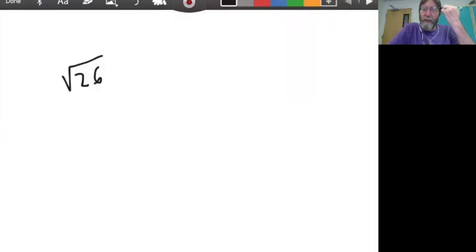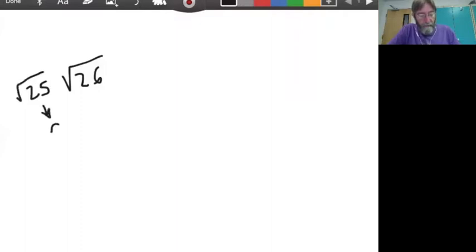So let's see, the square root of 26, not a perfect square. What we want to do is think about what perfect squares are on either side of 26. Well, 25 is a perfect square, and the square root of 25 would be 5. And then 36 is our next perfect square that's just bigger, and the square root of that would be 6. So now we have to just decide which it would be closer to.